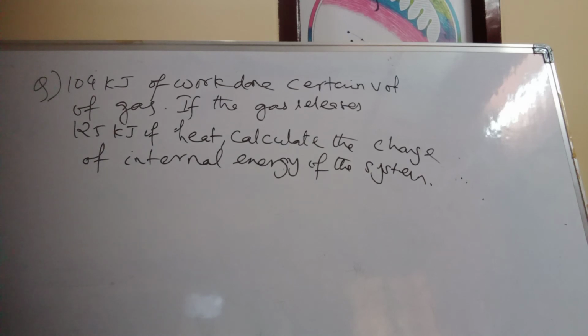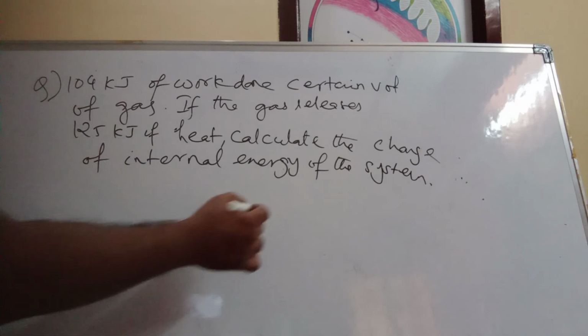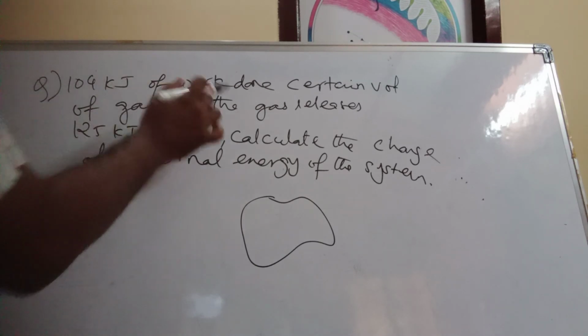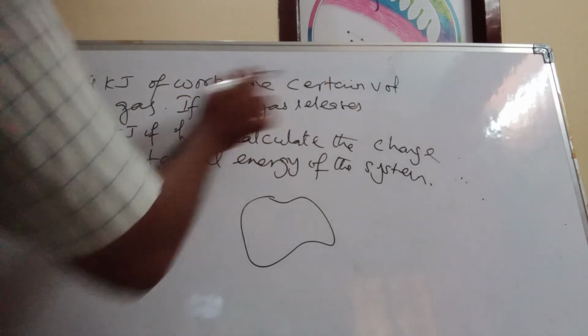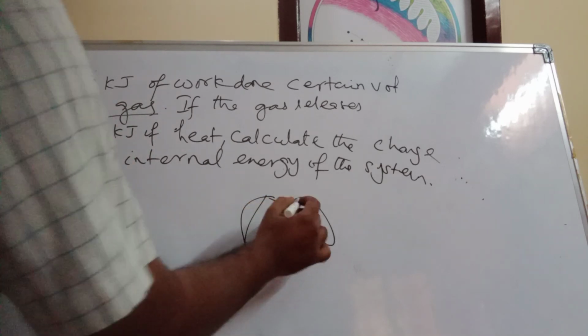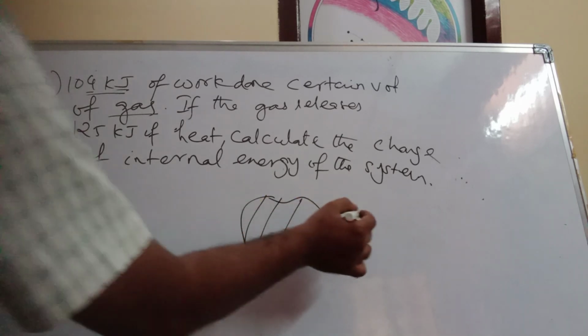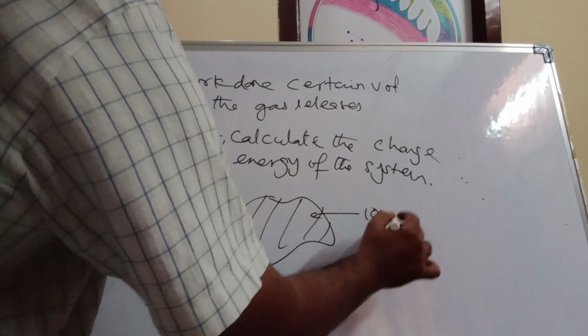Now look at this simple question which we have already discussed. It is given in the form of a statement. 104 kilojoules of work is done on a certain volume of gas. Now this is that certain volume of the gas, and 104 kilojoules of work is done on the gas. It's like this, 104 kilojoules.